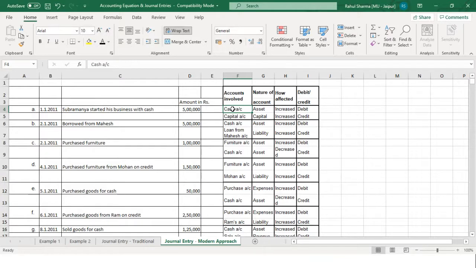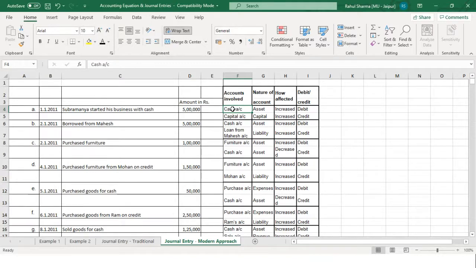But cash is my asset, and I've learned that if my asset increases, I'm supposed to debit it. So my cash asset increases, I debit. Capital goes like a liability. If capital increases, it has to be credited.